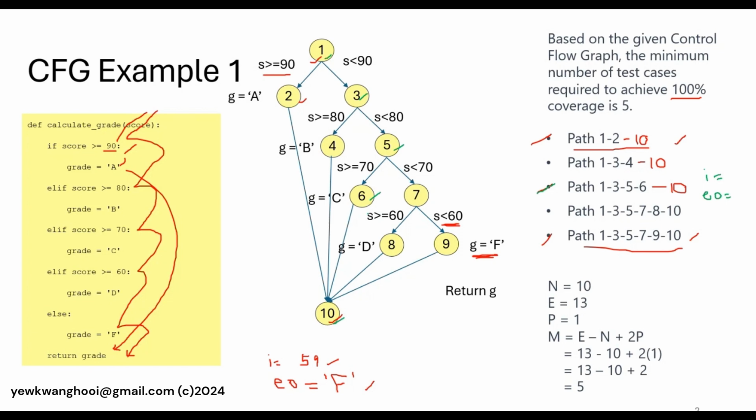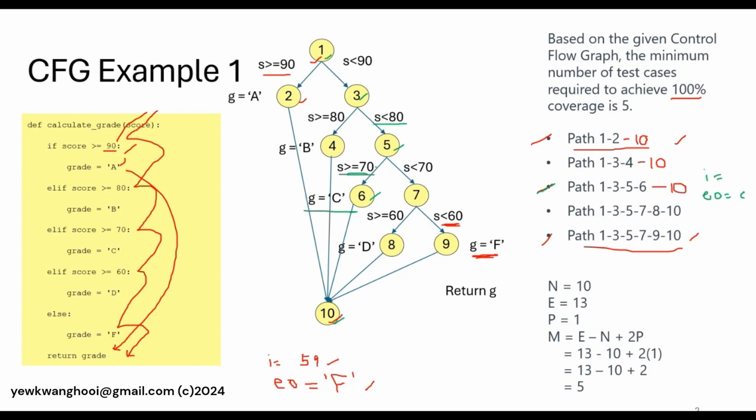So the expected output is C. See, correct or not? The expected output is C. And then just now you mentioned that in order for you to get expected output C, the score must be greater than 70, right? Yeah, the score must be greater than 70, but less than 80, isn't it?